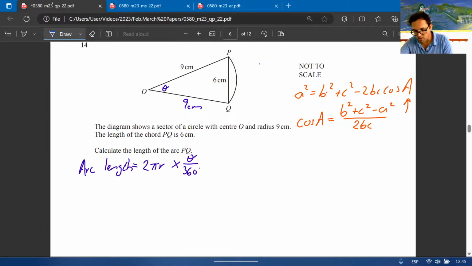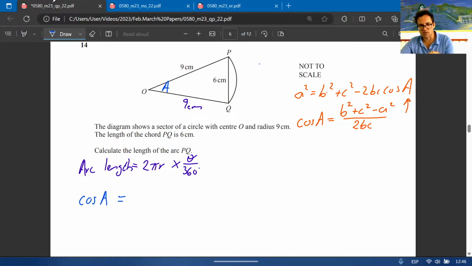So I'm going to start off by writing cos A, because now A indicates that we've made this A. Okay, so my angle now, that's A. Or we can put a big O, but you're going to think it's A. Okay, so then we've got b squared and c squared.